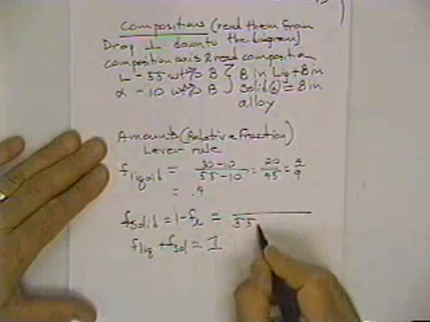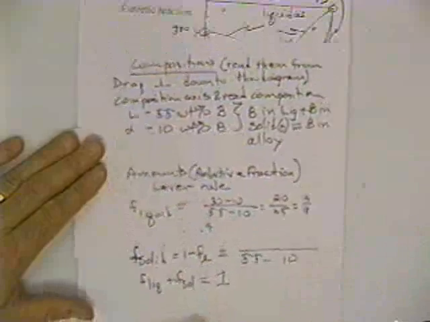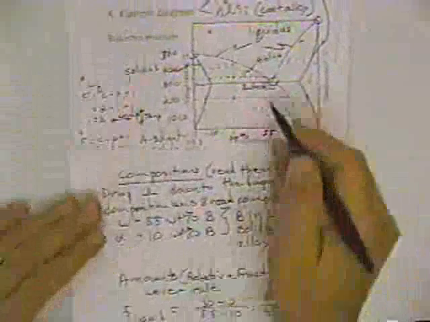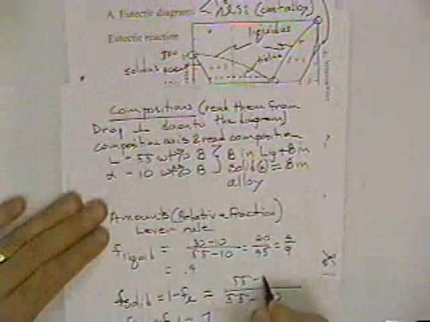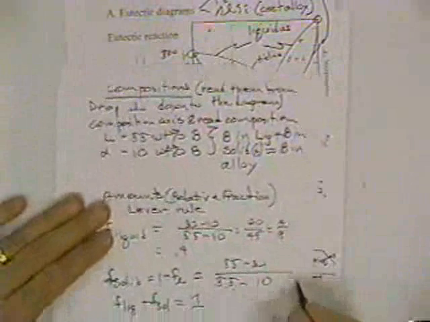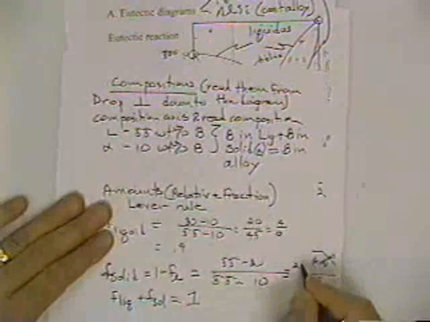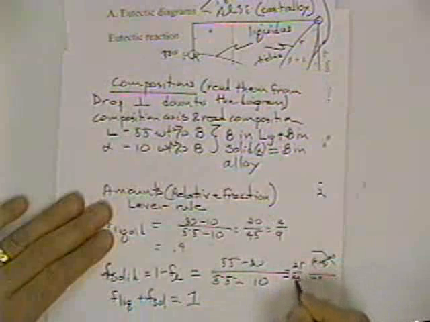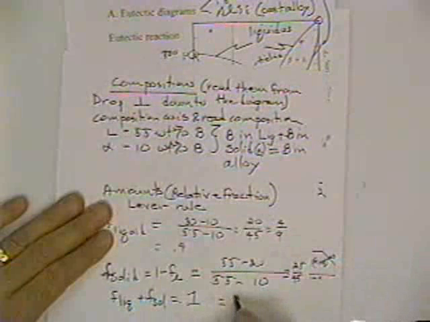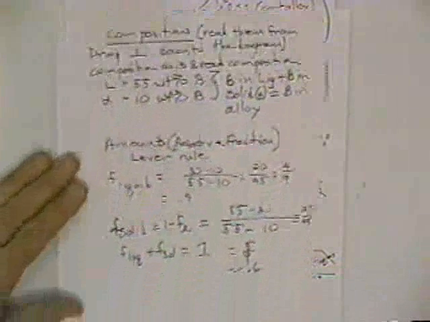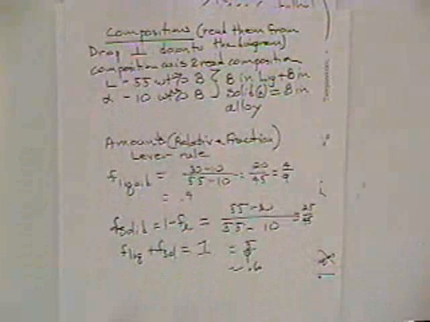We take our tie line, 55 minus 10. Now we want to take the other part, which is 55 minus 30. That would be equal to 25 over 45, 5/9. So that should be about 0.6. 0.4 plus 0.6 equals 1.